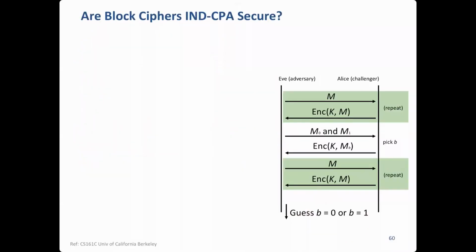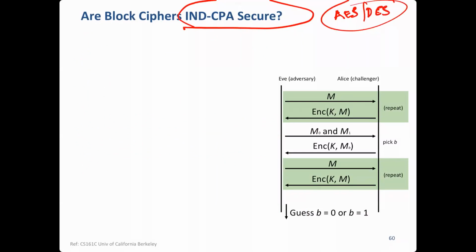Now, is it IND-CPA secure? Can anyone answer this? Yes or no? Attempt. When we say block ciphers, we are talking about AES and DES both, and we are using the same key. Note that we are using the same key.